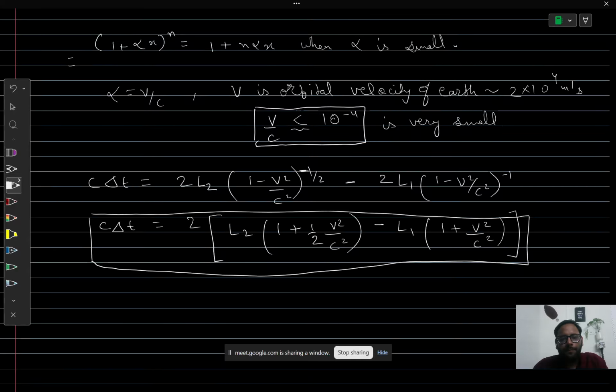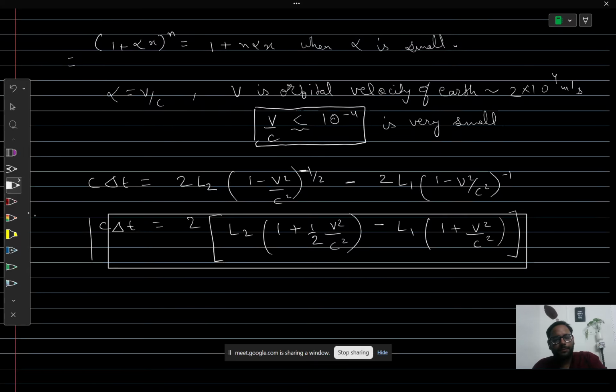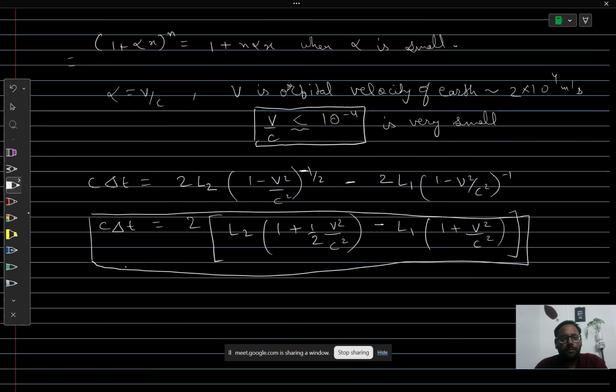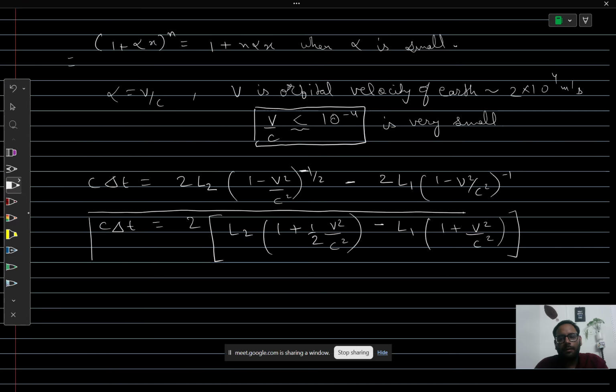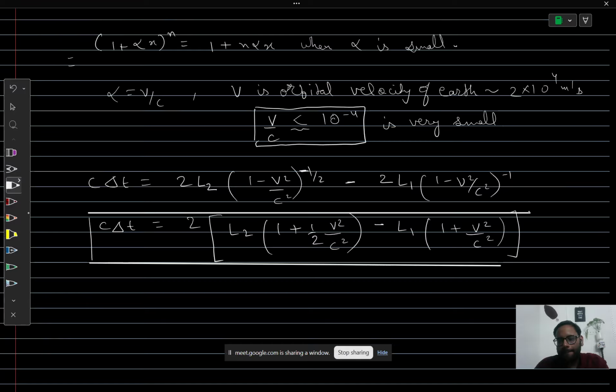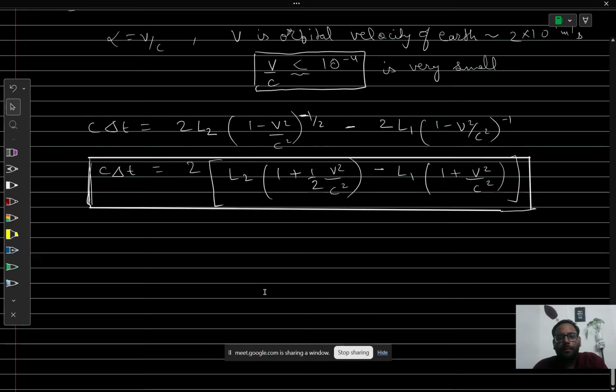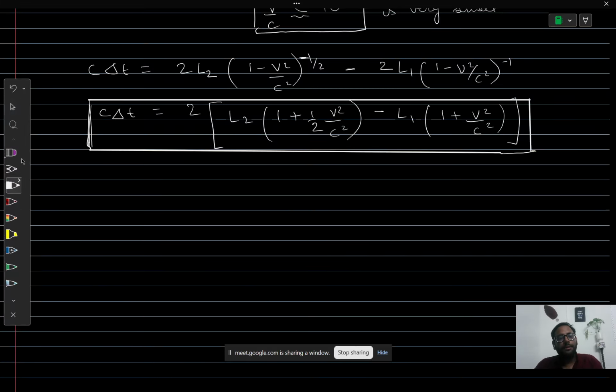Now what we will do is rotate the apparatus by 90 degrees, and what you will get, you can check.